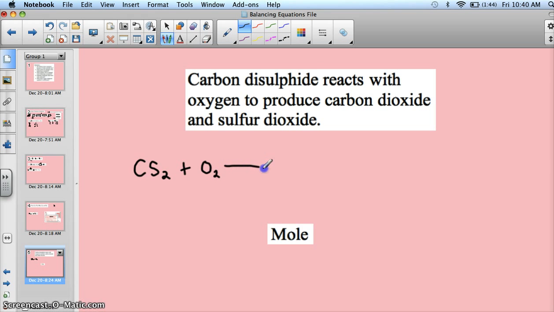And it yields or produces, looks like carbon dioxide, since these are covalent compounds. I think I said the wrong thing over here. Covalent are the ones that have these dyes in front of them. It would be CO2 plus sulfur dioxide. Oh, we're getting a lot of di prefixes in there, so it'll look like that.